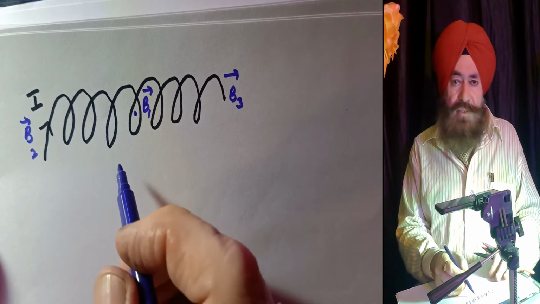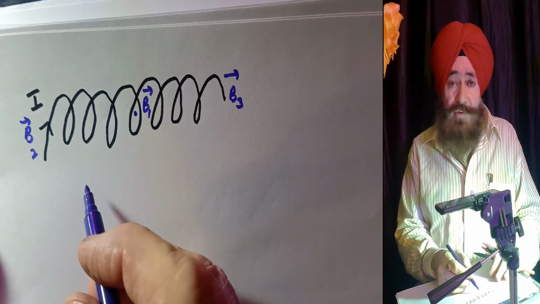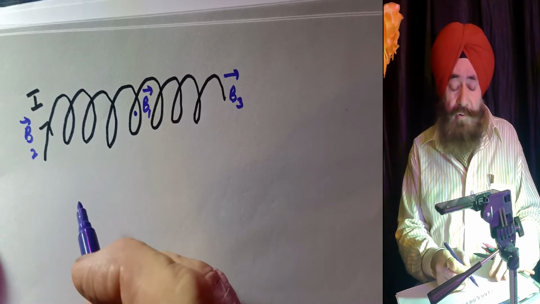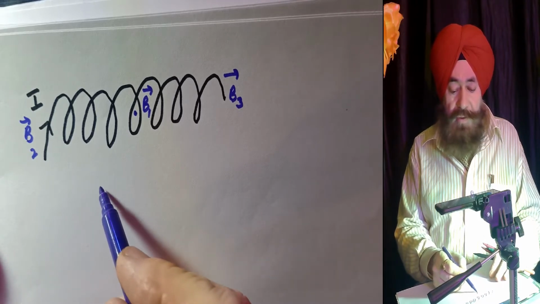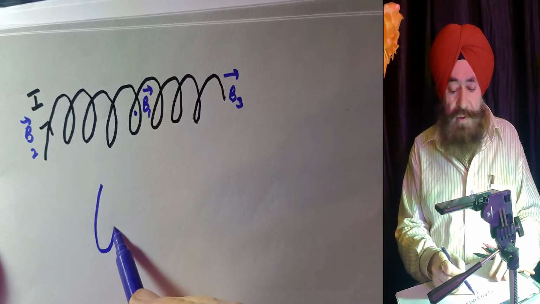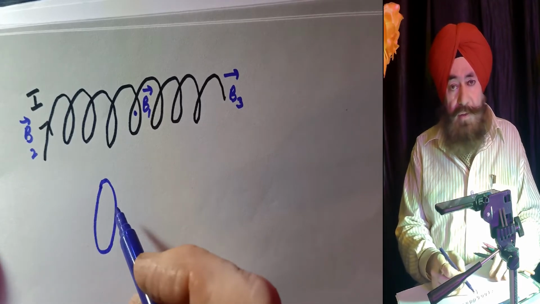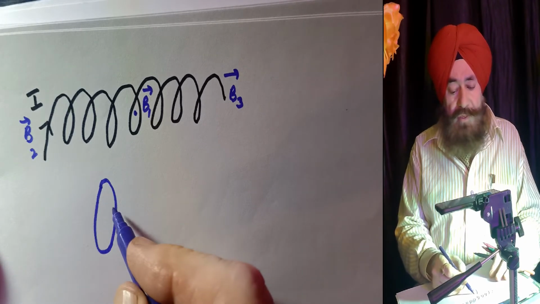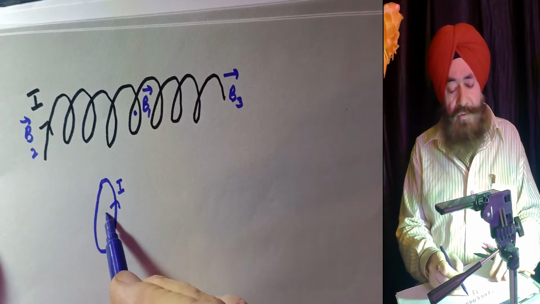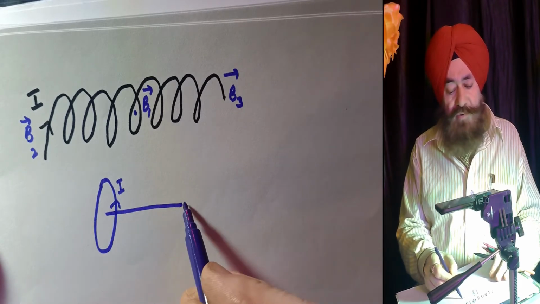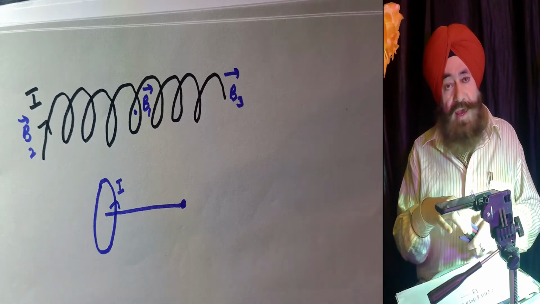Before discussing this article, my dear friends, you have to remember a formula. If you have a loop or a ring in which some current is flowing, then what is the magnetic field here on the axis?